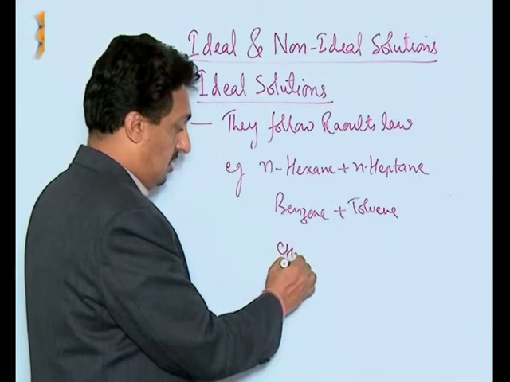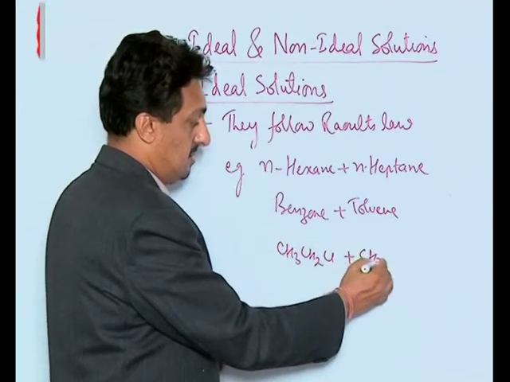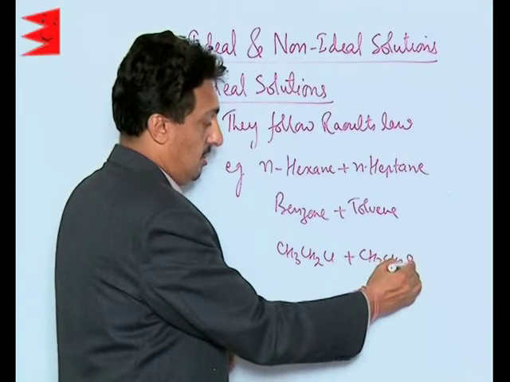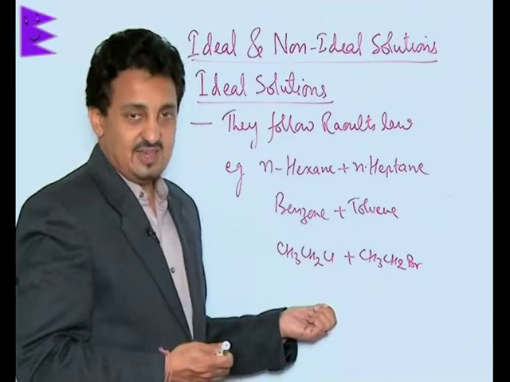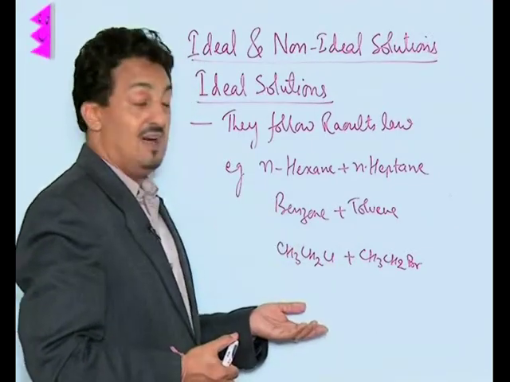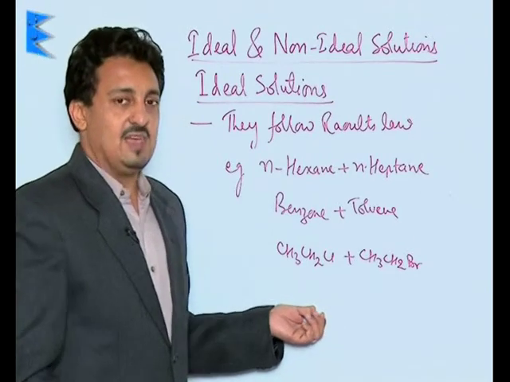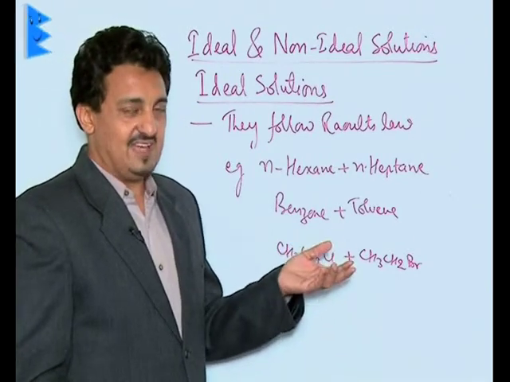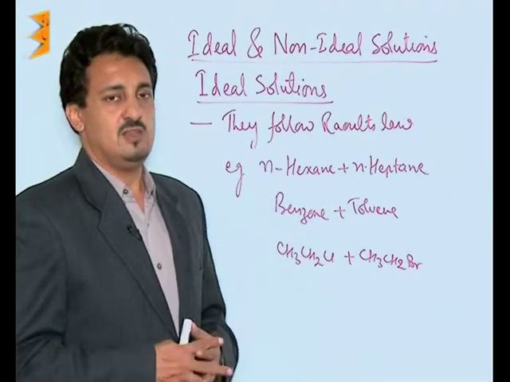When chloroethane and bromoethane are mixed, we get ideal solutions. So all these are examples of ideal solutions. And remember, the graph of the ideal solutions is always the same P-x diagram which we have done in the liquid solutions. Now let us move to the non-ideal solutions.